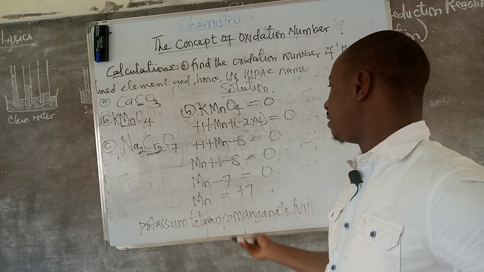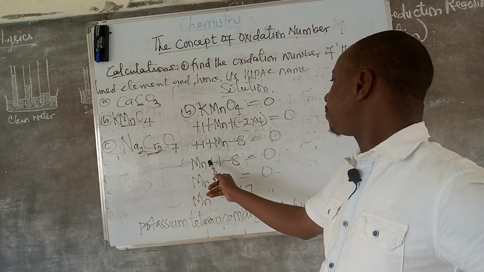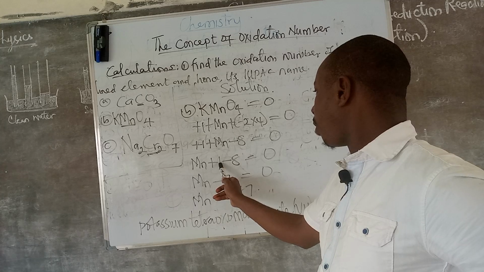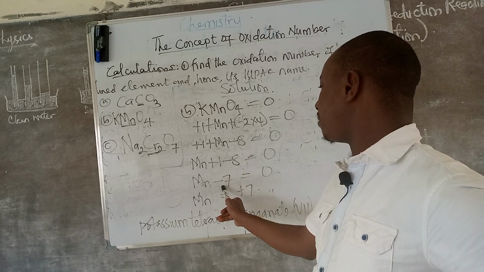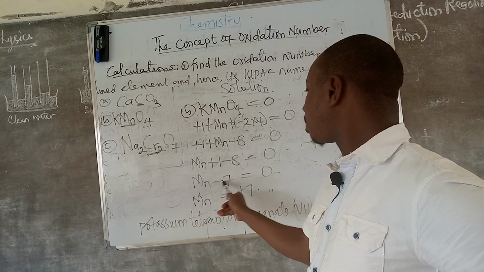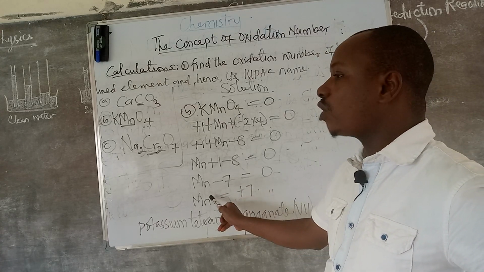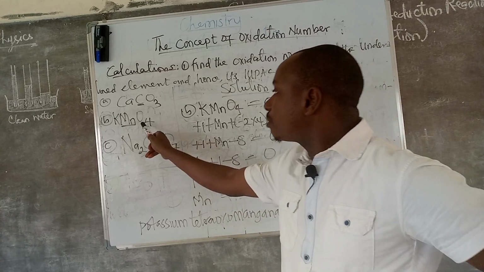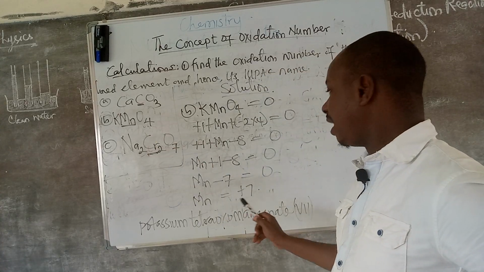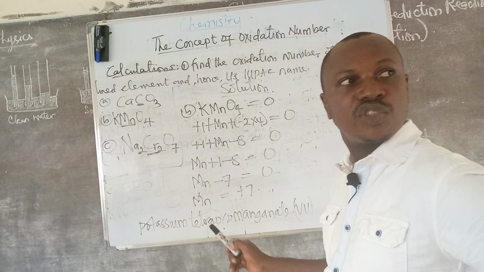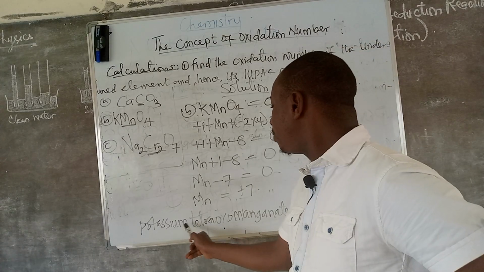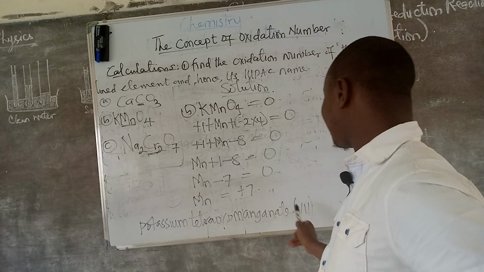If you do the mathematics here, collecting like terms, Mn +1 minus 8 will give you -7. And when this -7 crosses over the sign of equality, it will change to +7. So the oxidation state of manganese in this compound is +7. And that is why the IUPAC name of this compound is potassium tetraosomanganate 7.